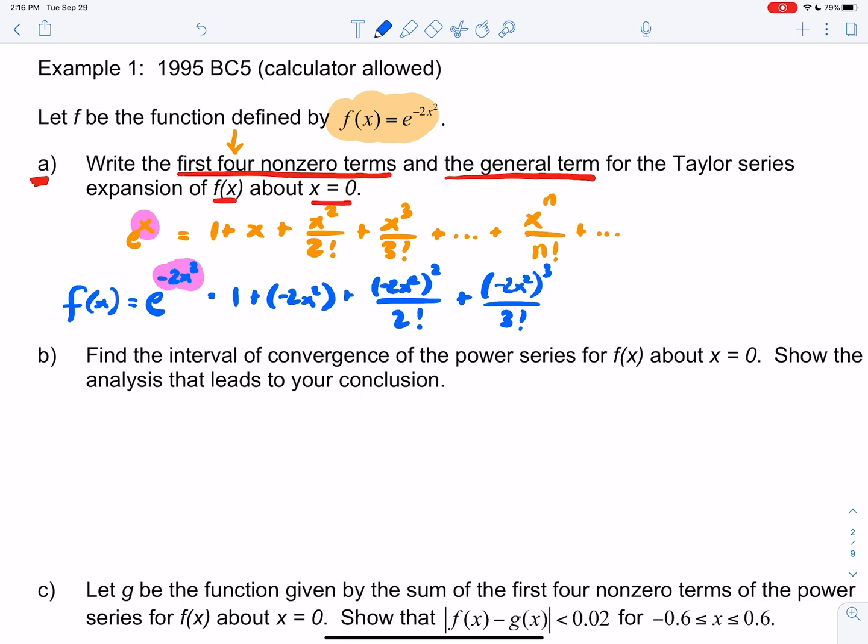Make sure that you guys have your quantities in place. Plus dot dot dot negative 2x squared all to the n power over n factorial. Notice all I did was I replaced every x with a negative 2x squared. You do not have to simplify it because equal is equal. We have our first 4 non-zero terms, and we have the general term. That should give you about 3 points right there, okay?